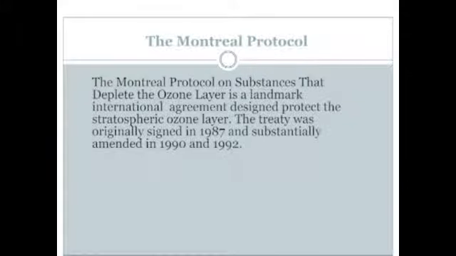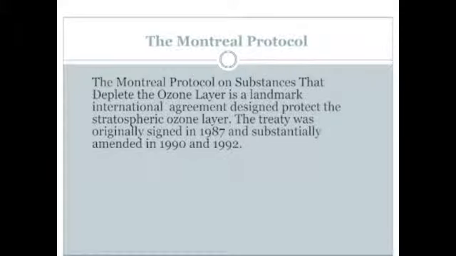The Montreal Protocol on Substances that Deplete the Ozone Layer is a landmark international agreement designed to protect the stratospheric ozone layer. The treaty was originally signed in 1987 and substantially amended in 1990 and 1992.